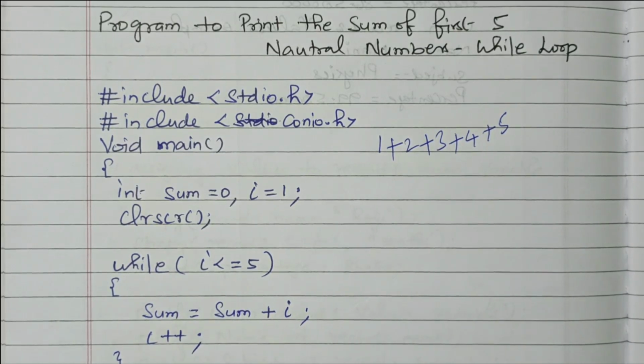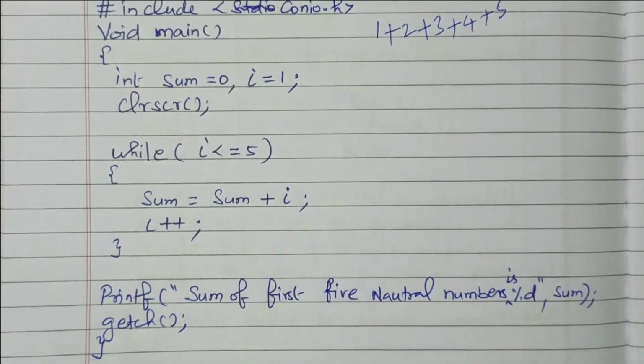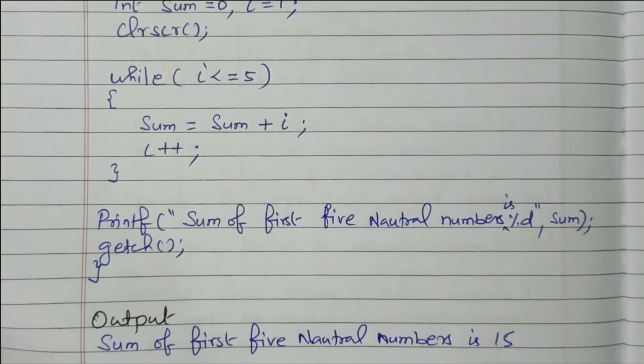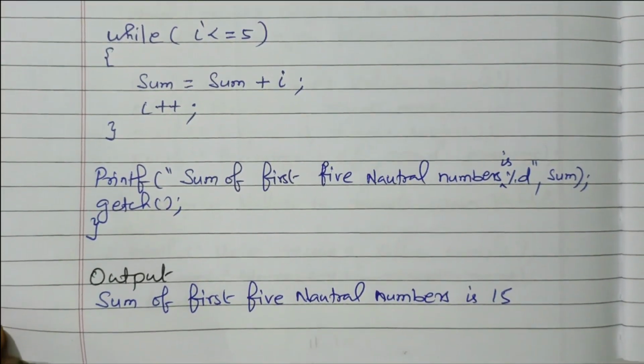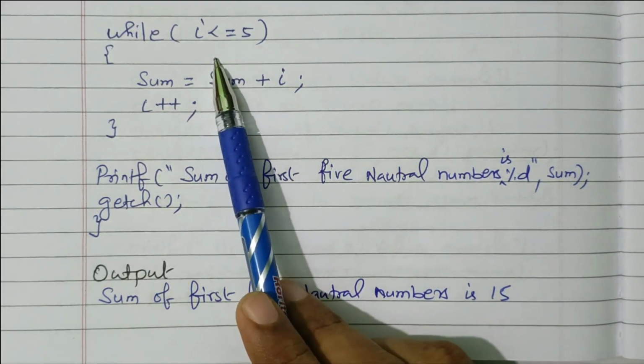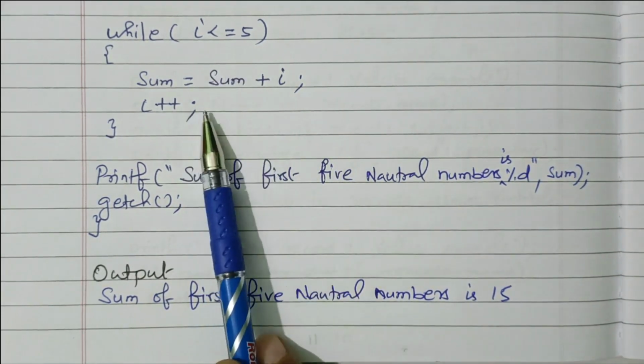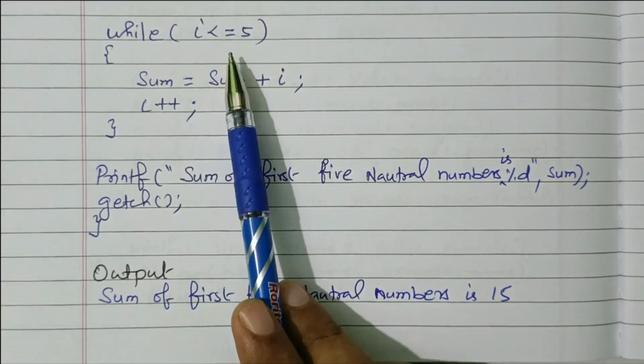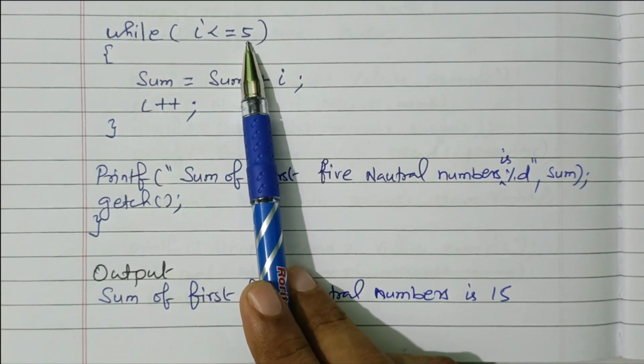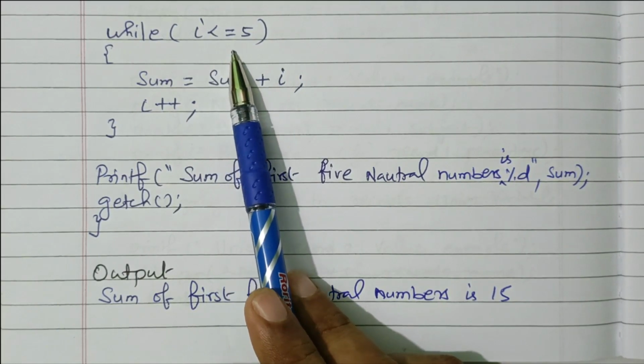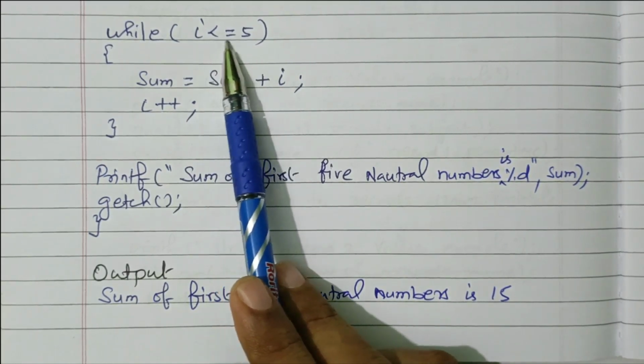But here in the while loop, initially we are checking the condition, while i less than or equal to 5. If it is correct, then only it will start the process, right? Because the program says the sum of natural numbers up to 5, that's why less than or equal to 5.